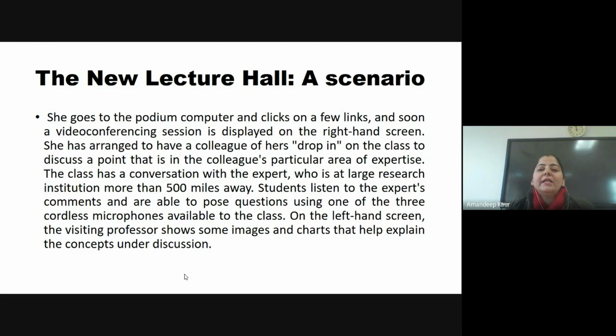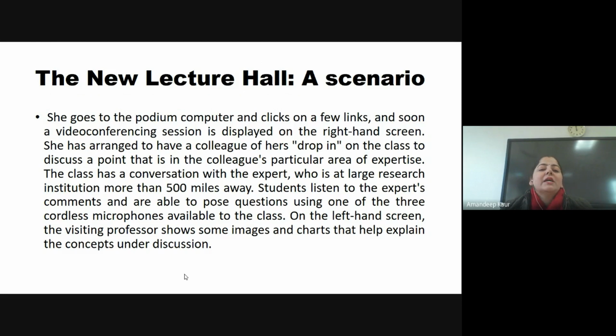Another case study that I have selected from the literature only: she goes to the podium computer and clicks on a few links, and soon a video conferencing session is displayed on the right hand screen. She has arranged to have a colleague of hers drop in on the class to discuss a point that is in the colleague's particular area of expertise.